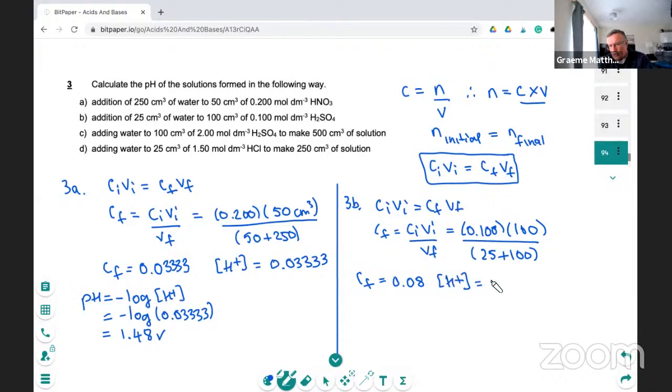Hydrogen ion concentration is equal to 0.08, my final concentration. And so the pH is minus the log of the hydrogen ion concentration. Minus the log of 0.08 is going to come back as 1.10. Done.